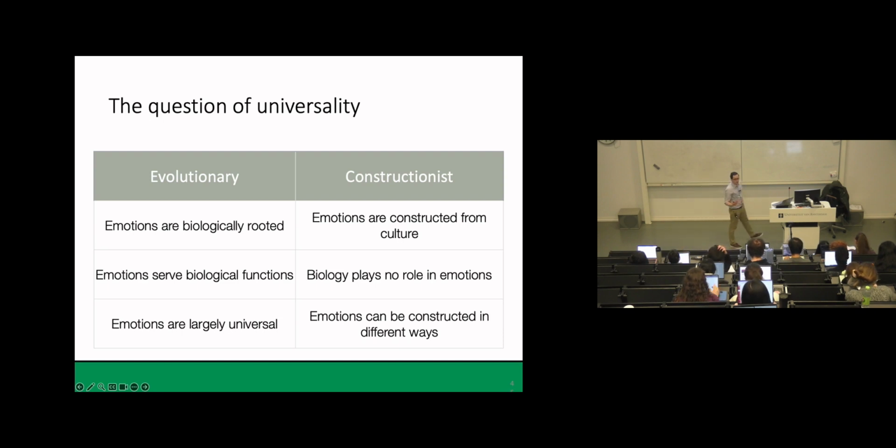What I mean by universal is they're found all over the world. But on the other hand, from a constructivist approach, emotions are thought to be constructed from culture. Biology plays no role or not really a significant role in emotions, and they can be constructed in different ways.